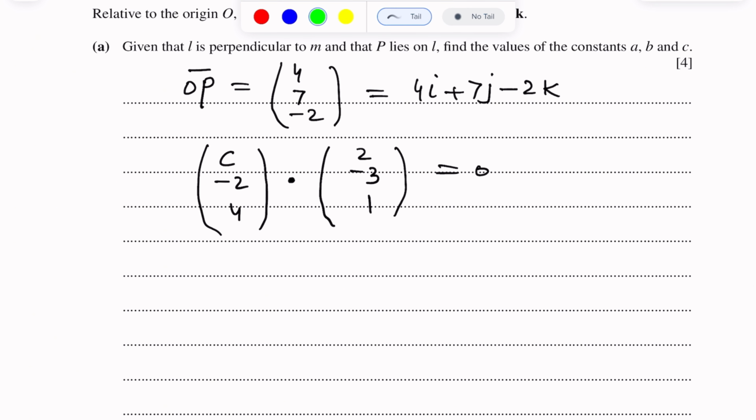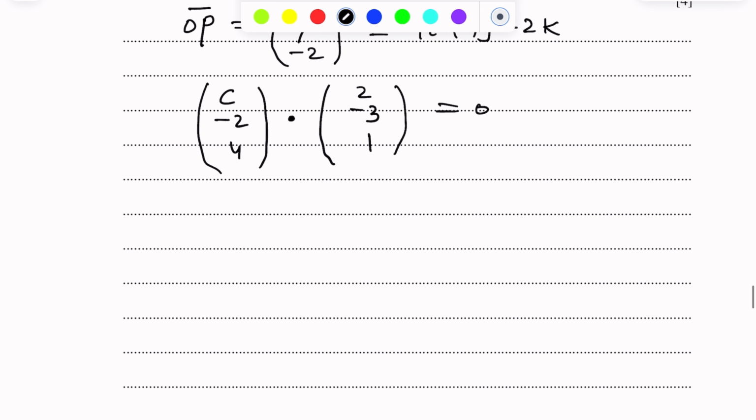So c into 2 plus −2 into −3 plus 4 into 1 is equal to 0. From here we can find the value of c. 2c + 6 + 4 = 0. From here, c is equal to −5.